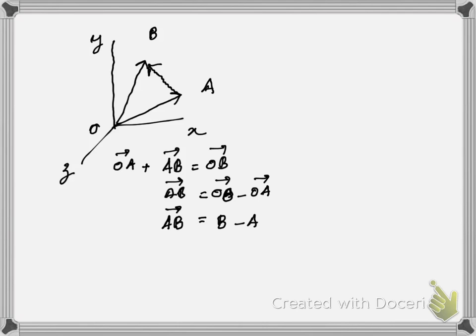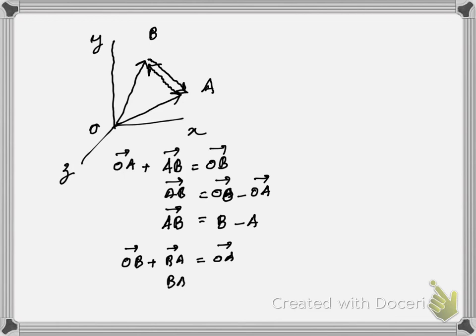And if we have to find vector B to A with the help of OA and OB, we use again triangle law or again head to tail rule. Now OB vector plus BA vector is equal to OA vector.